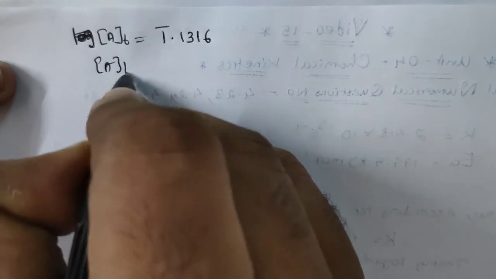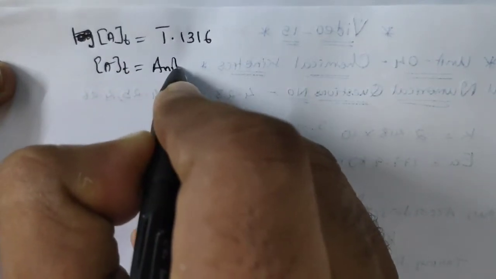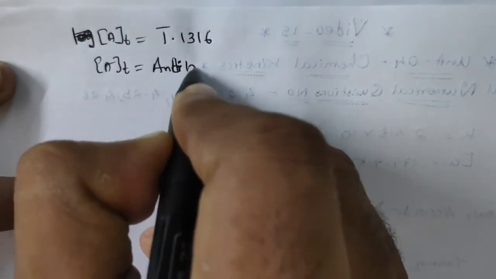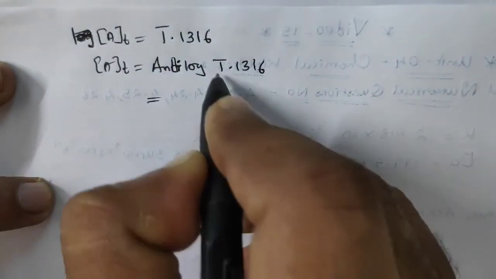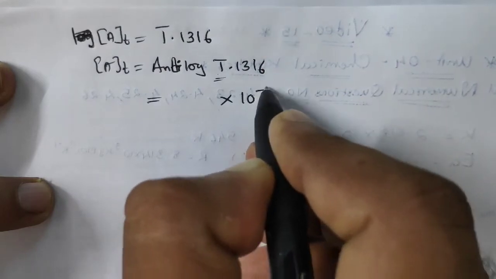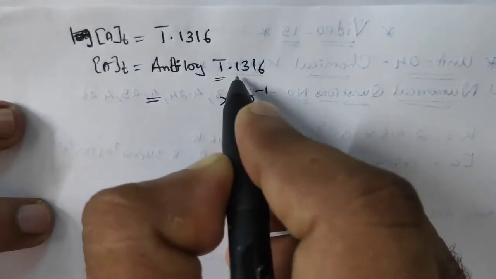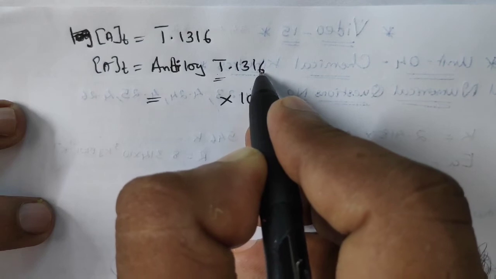So A will be equal to the anti-log of 1 bar 0.1316, which is 10 raised to minus 1 times the anti-log of 0.1316.